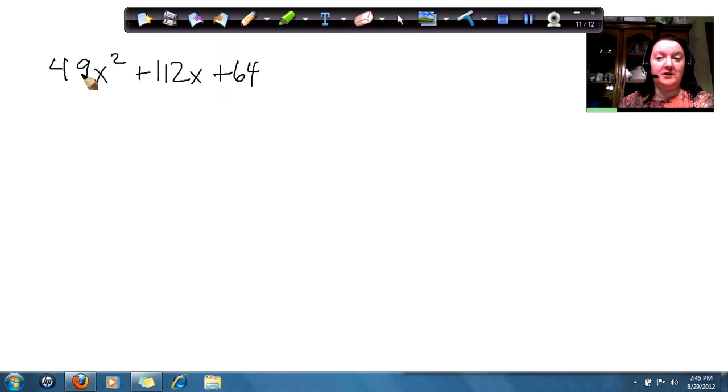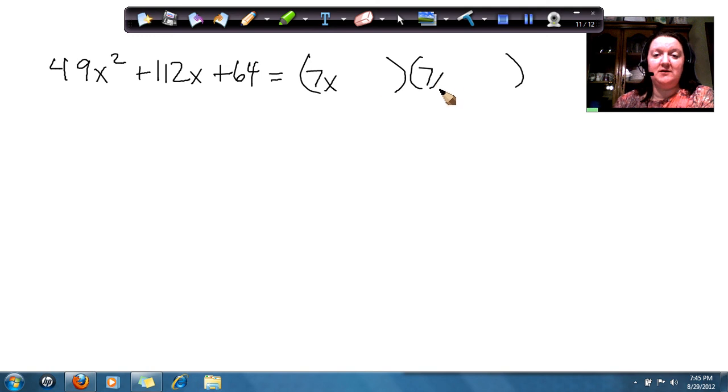Here I have 49. Well, that has a perfect square root of 7. And here I have 64, which has a perfect square root of 8. So let's use that to factor our expression. We're going to have 7x plus 8 and another 7x plus 8. And I used positive because I saw that the middle was going to be positive. So let's check this just to make sure that we did it right.